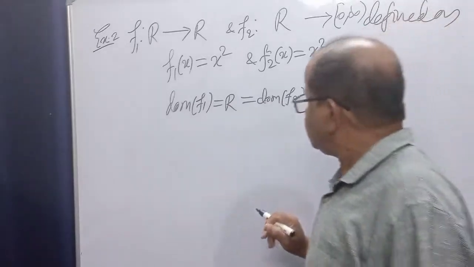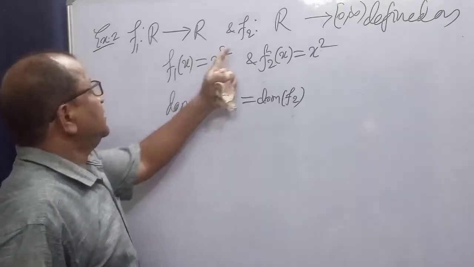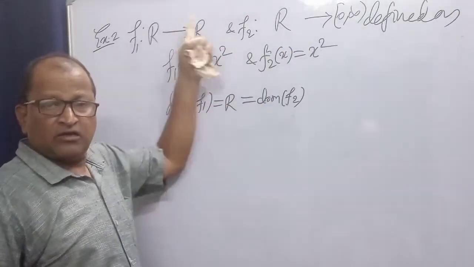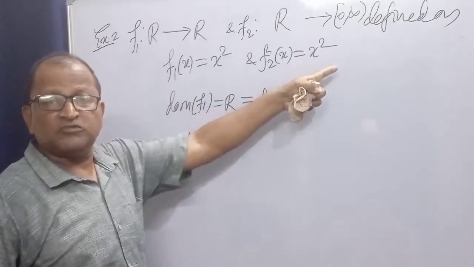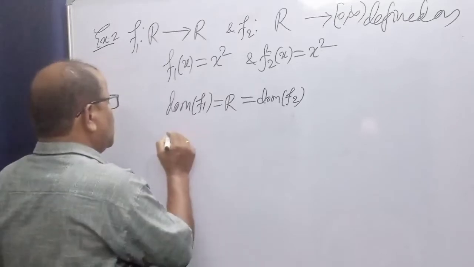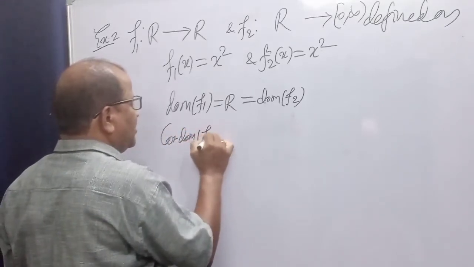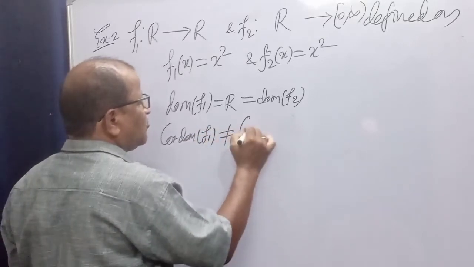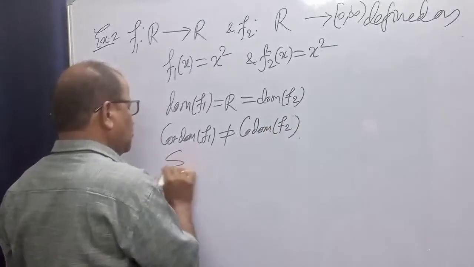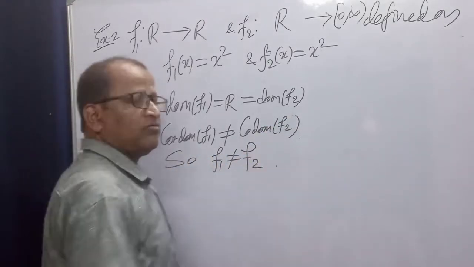Now the codomain: here the codomain is R, and here the codomain is 0 to infinity. The codomains are not equal, so the codomain of f1 is not equal to the codomain of f2. So f1 is not equal to f2.